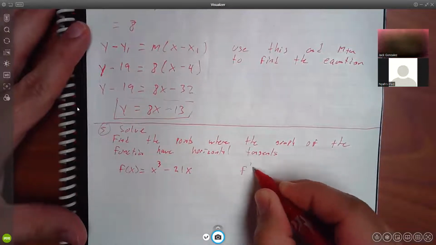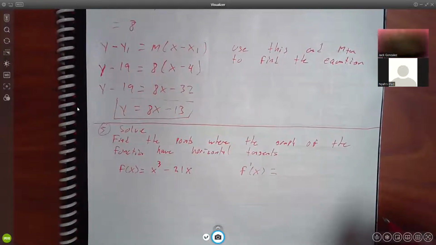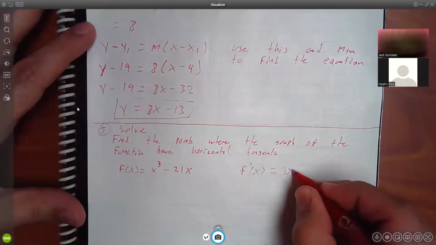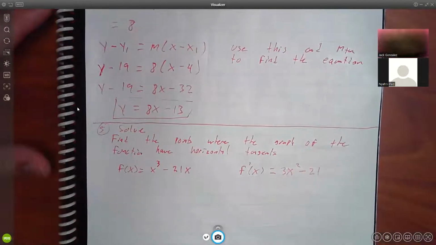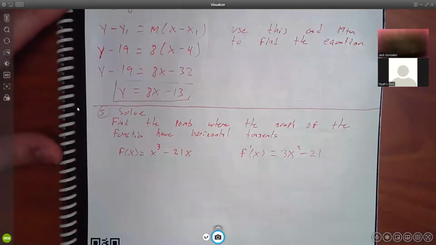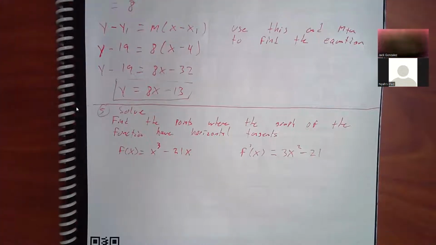What is f prime? It's 3x squared minus 21. Okay. Now, what does the horizontal tangent mean? That's a zero.